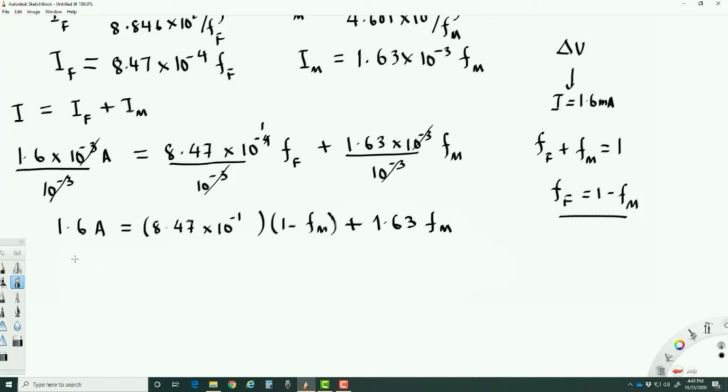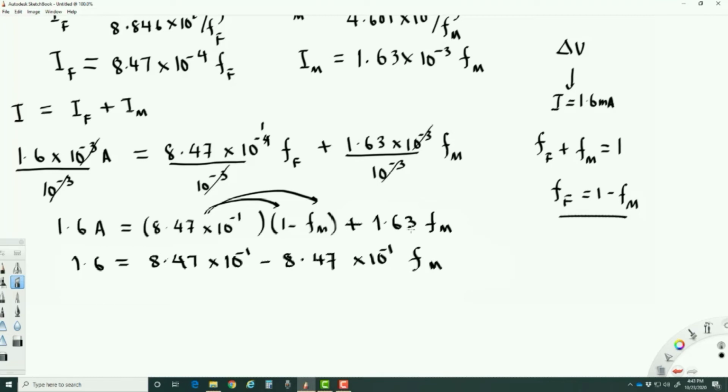And then 1.6 is equal to 8.47 times 10 to negative 1. So multiplying this to that and then that to that, we get minus 8.47 times 10 to negative 1 FM, and then plus that 1.63 FM.